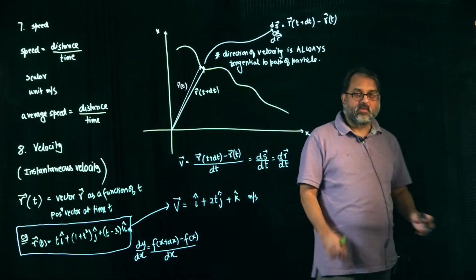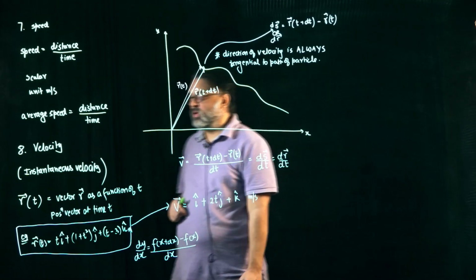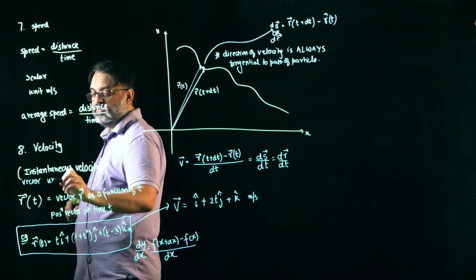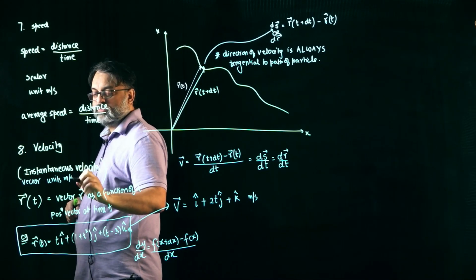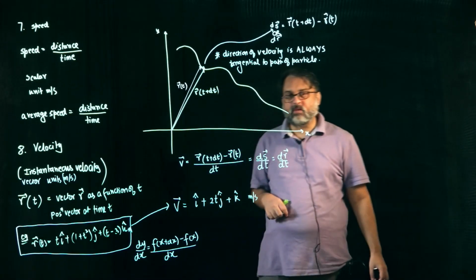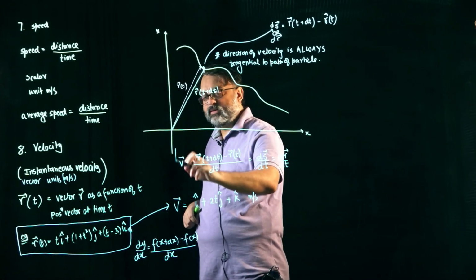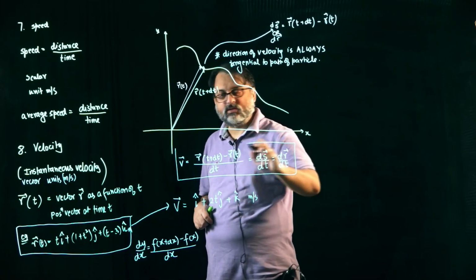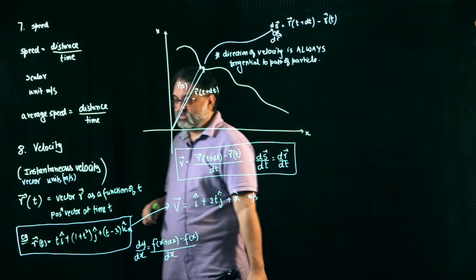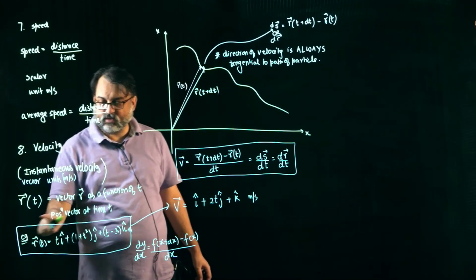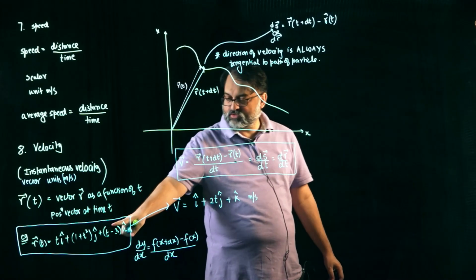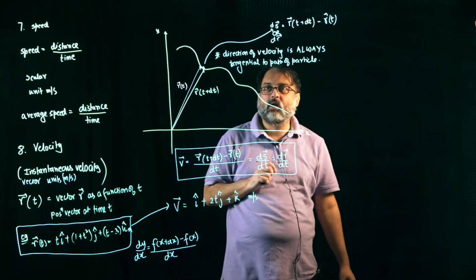Right? तो velocity के बारे में हमें क्या क्या जानना है? Number one, it is a vector quantity. इसके जो units होंगे ये होंगे meters per second. Okay, the mathematical definition of instantaneous velocity or simply velocity is this, where r is the position vector, which is a vector as a function of time, and the differentiation of this position vector gives you the velocity vector.